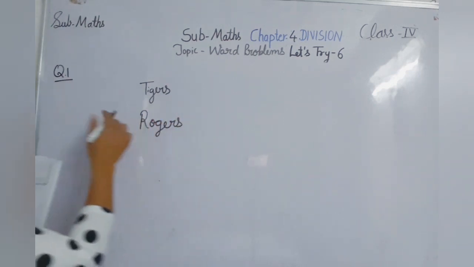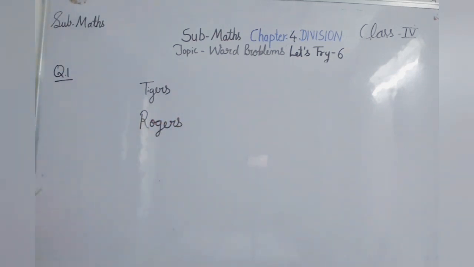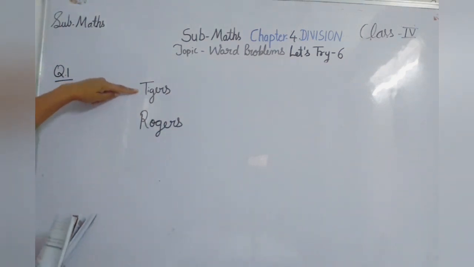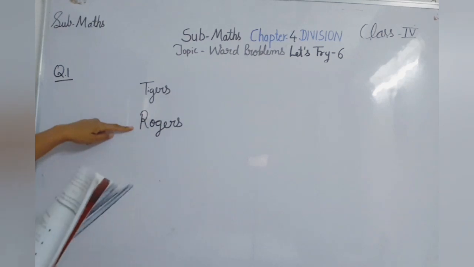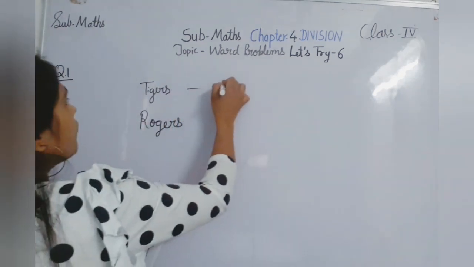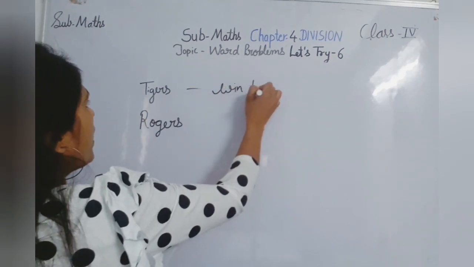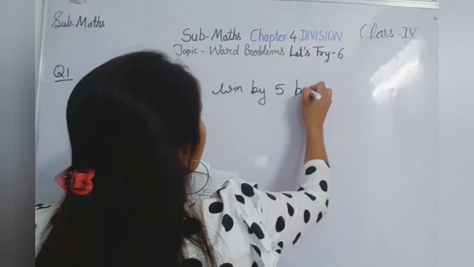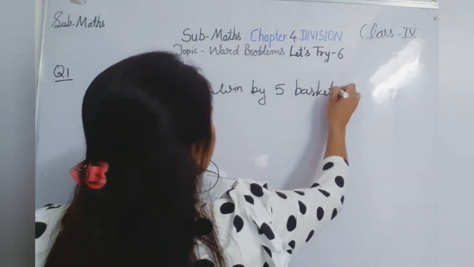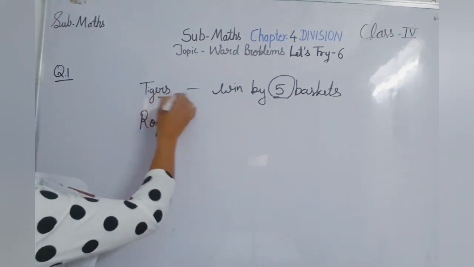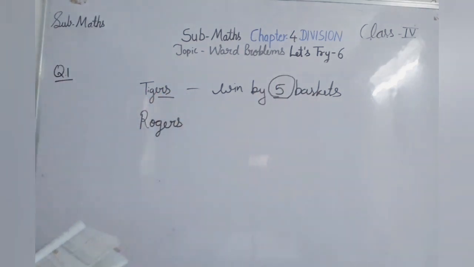So the Tigers beat the Roggers by 5 baskets, which means the Tigers win by 5 baskets. In basketball, it means with 5 goals the Tigers win.